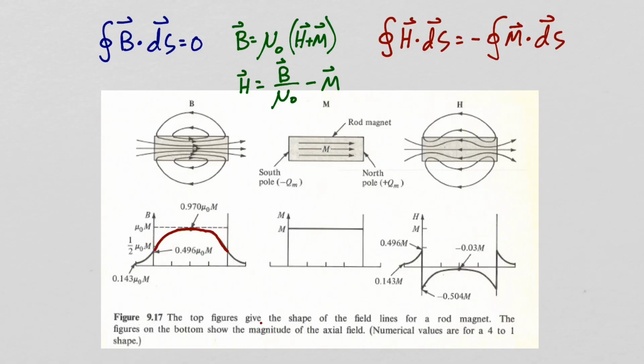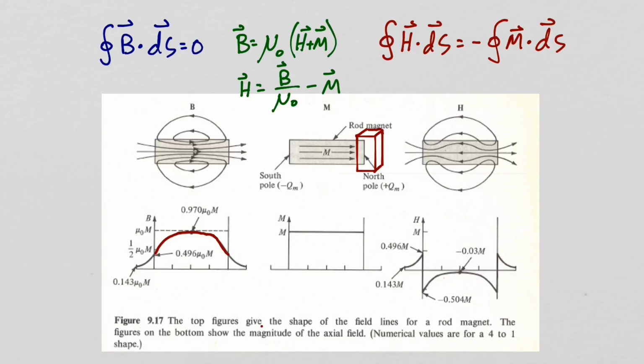So this B over mu 0 here will shift down by an amount M, resulting in our profile for our magnetic field intensity. We've been saying that free currents generate magnetic field intensity, but here we see an additional source of magnetic field intensity, and that is the ends of a magnet.